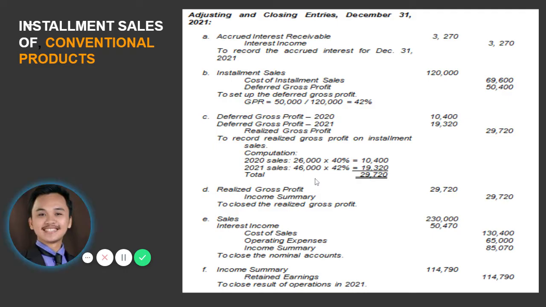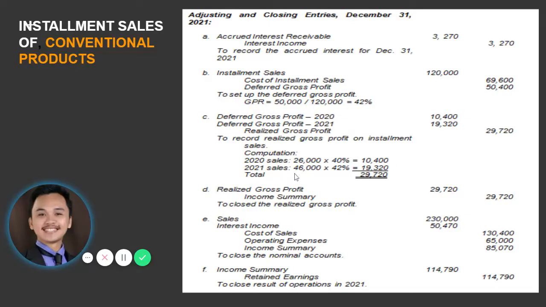So in this case, if it is applicable for 2020 sales, then you use the 40% since the GPR for 2020 is 40%. And then for 2021, you use 42%. So in this case, our total cash collection for 2020 sales is 26,000. So 26,000 times 40%, so we have 10,400 realized gross profit for 2020 sales.